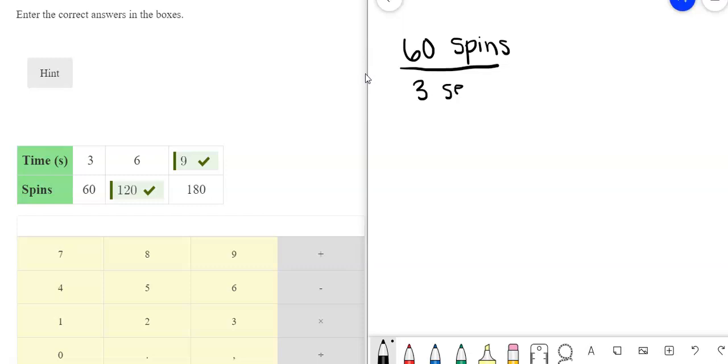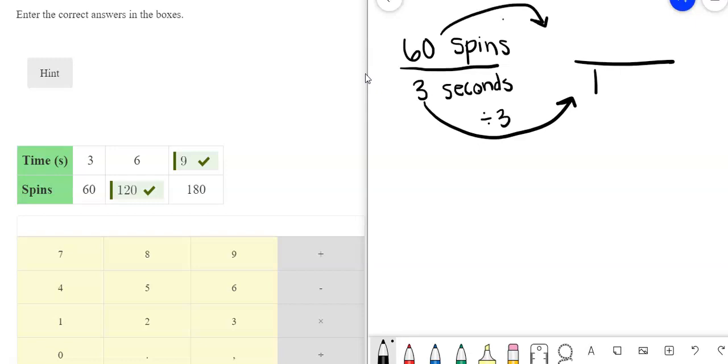So I'm just going to put secs. Remember, for unit rate, I need to get 1 on the bottom. To get from 3 to 1, I divide by 3. If I divide by 3 on the bottom, I have to divide by 3 on top. 60 divided by 3 is 20. So my answer is 20 spins per second.